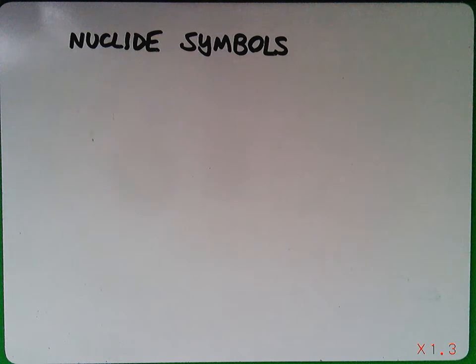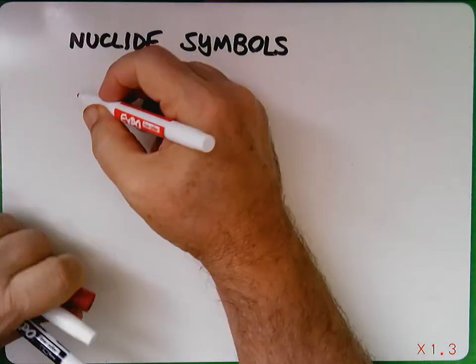Now, there is a more compact way for you to write down how many subatomic particles you've got inside of an atom. Let's look at an atom. Like, how about lithium?